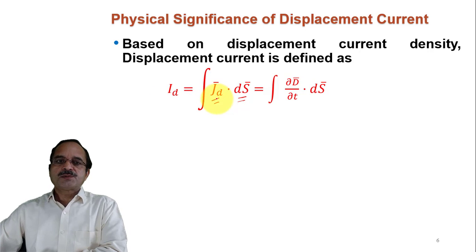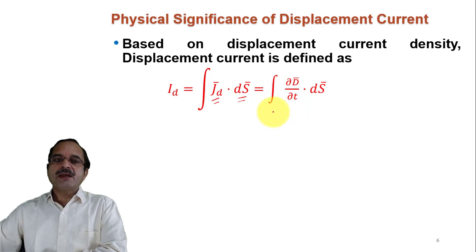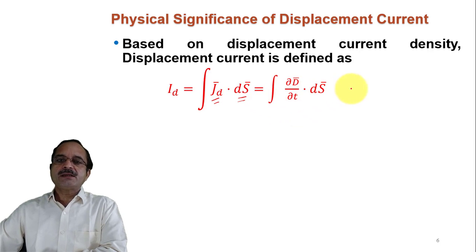So substituting for JD as dD by dt, we get integral of dD by dt dot dS. That is how we can find out the displacement current.